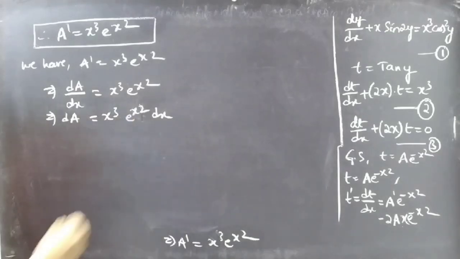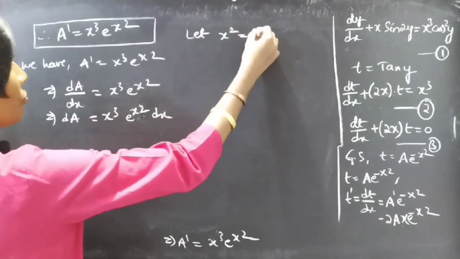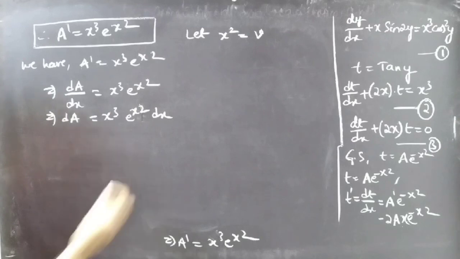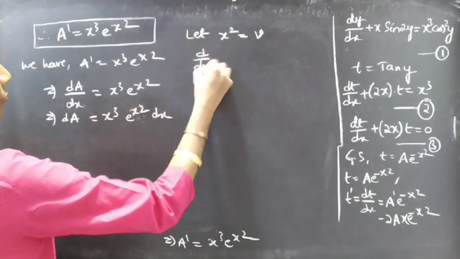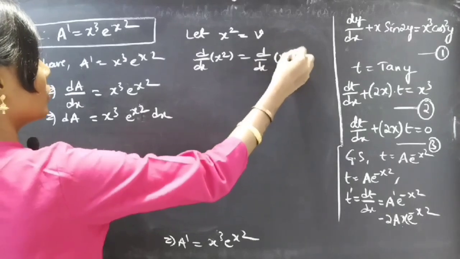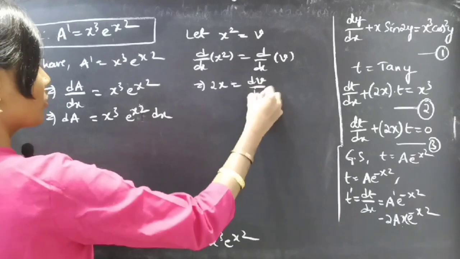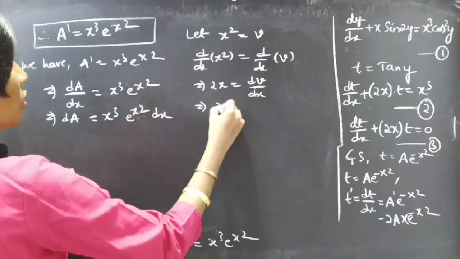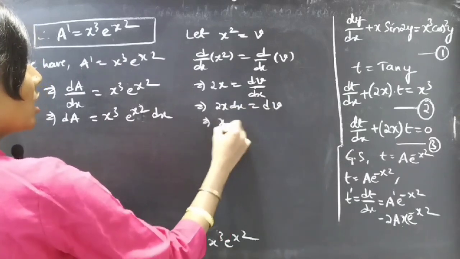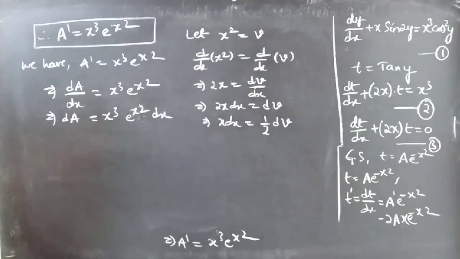Let x square equal to some v. Now differentiate on both sides with respect to x. We'll get 2x equals dv by dx, right? Or 2x dx equals dv, or x dx equals 1 by 2 into dv.